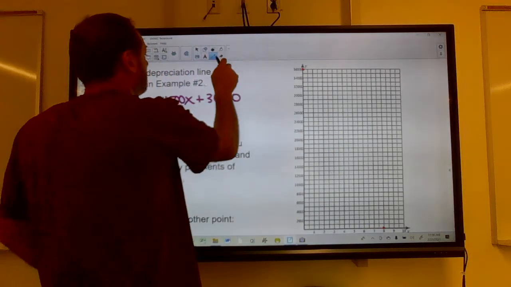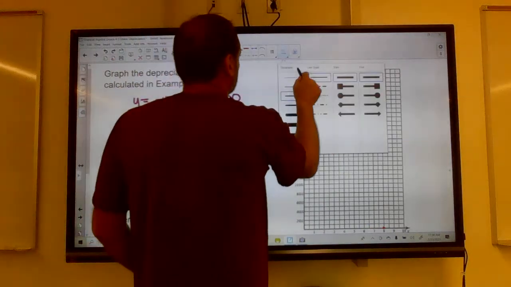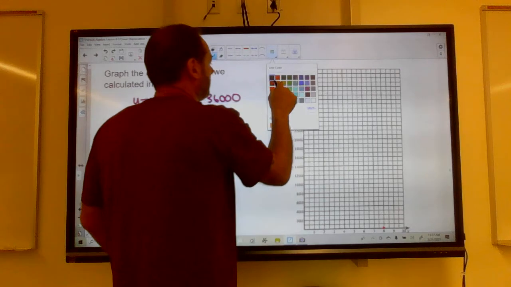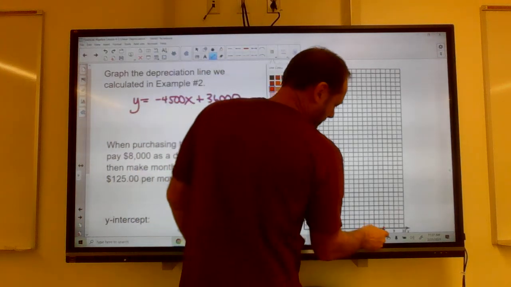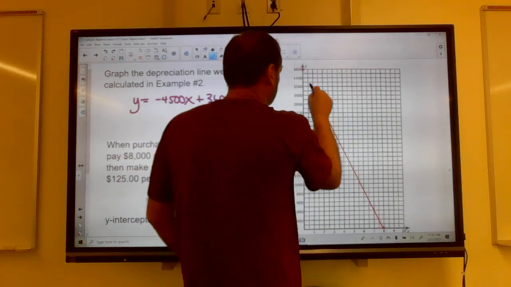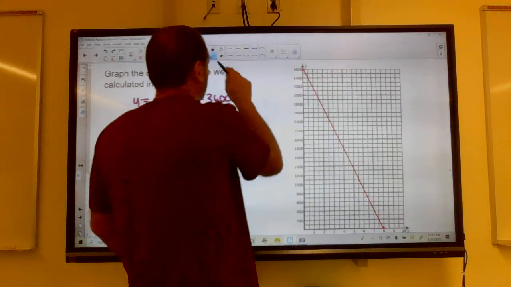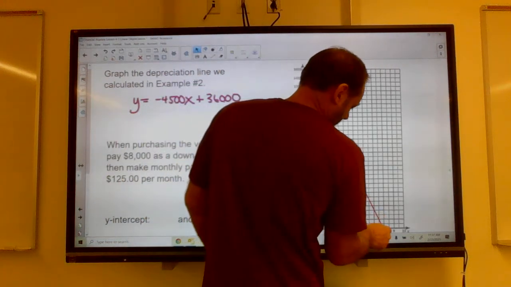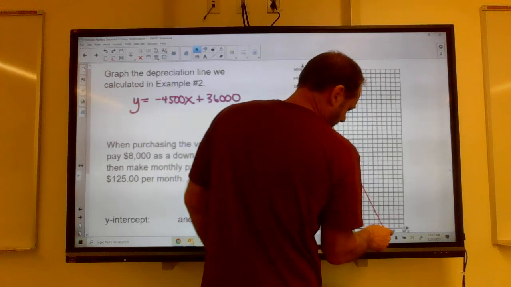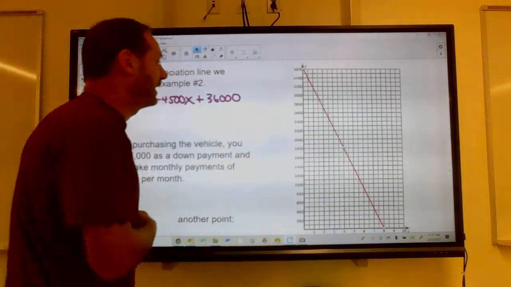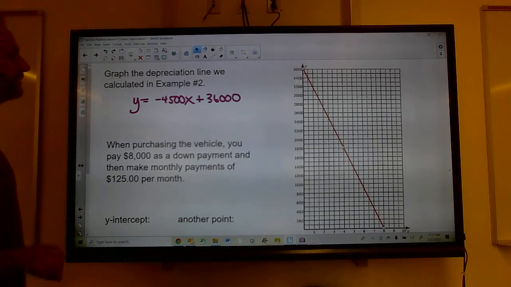So then I'm going to make a nice bright red line. It goes from here to there. If I was doing this on a piece of graph paper, I would definitely want to use a straight edge to do that. All right, there's my depreciation.